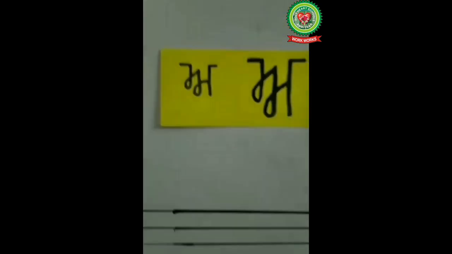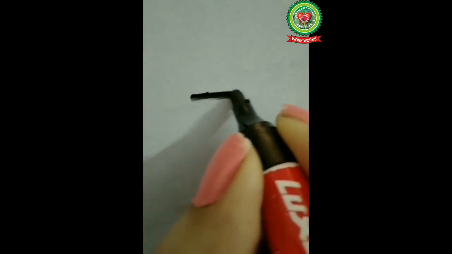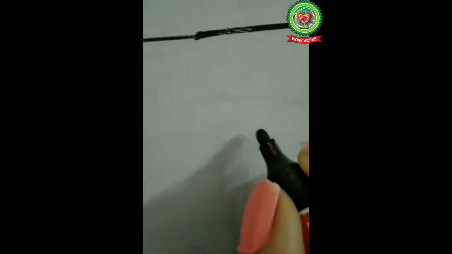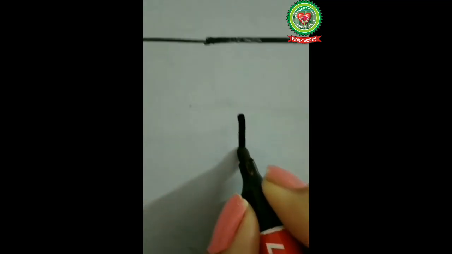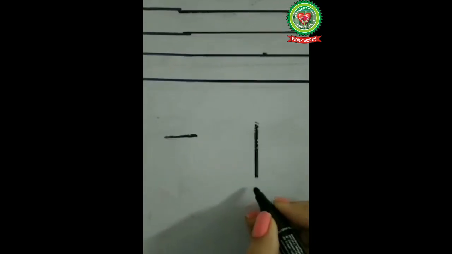For writing ERA, you must know the concept of lines. This is a sleeping line and this is a standing line. Now I'll tell you how to draw ERA.